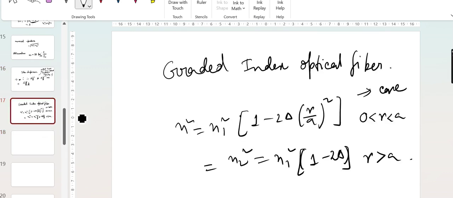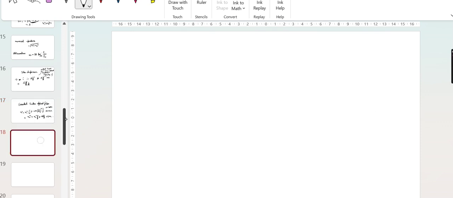This is a graded index optical fiber, and you already know the ray path.